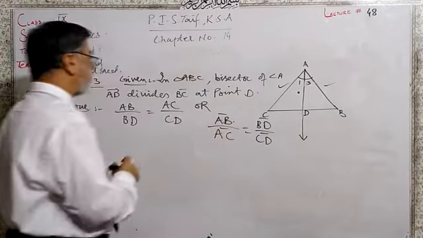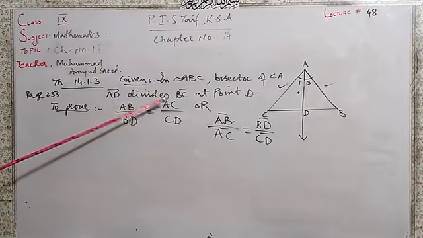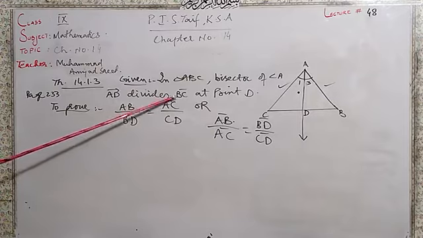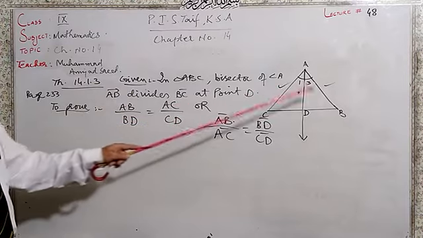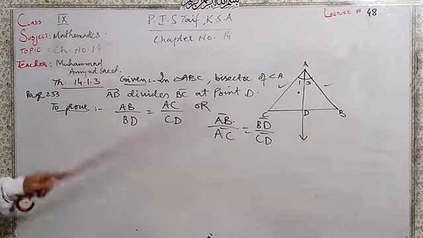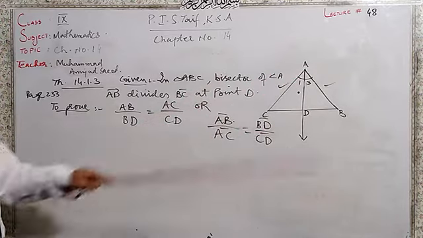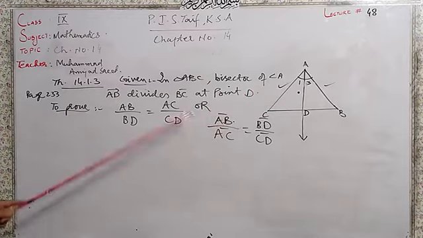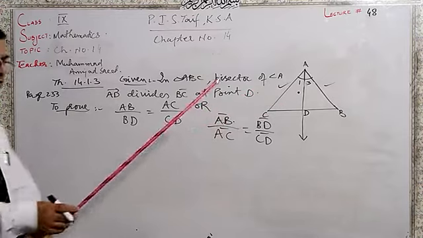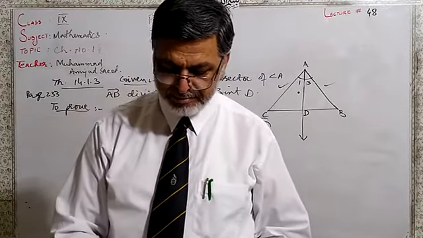Remember that they are the same. If you bring this AC here and BD up, that is the same one. So the ratio of AB and BD are the same and the ratio of AC and CD are the same. So don't worry, this is the second option of your answer.